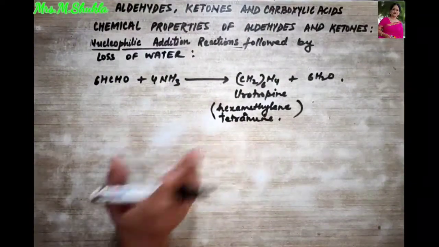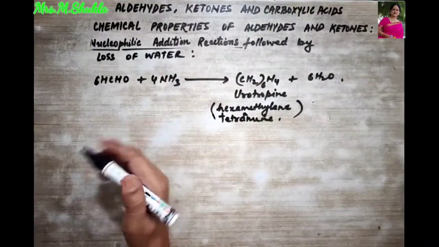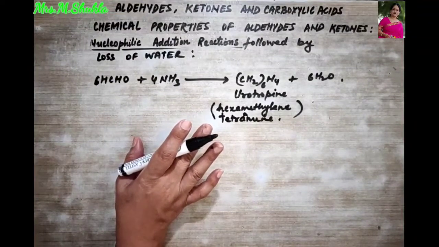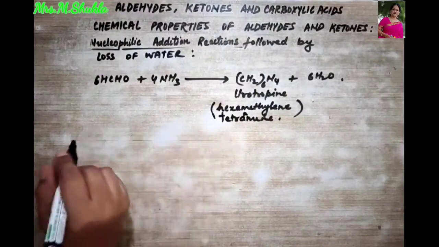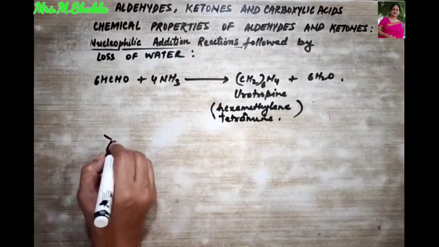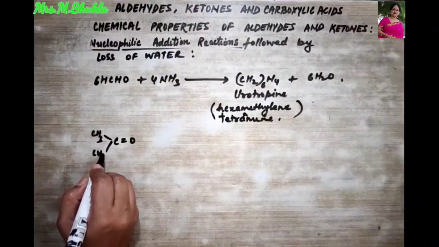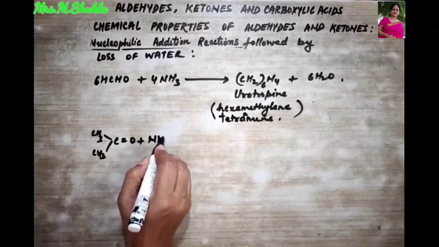Now ketones react with ammonia and form ketone ammonia, which cannot be isolated. So let's see a ketone reacting with ammonia, CH3 with NH3.